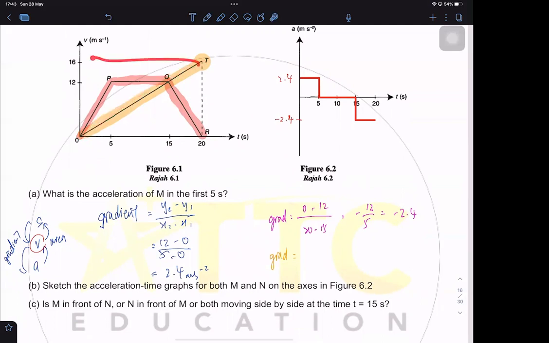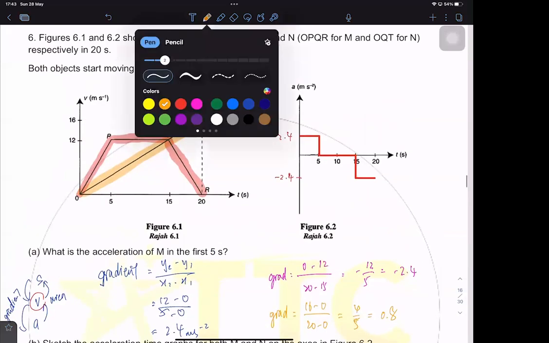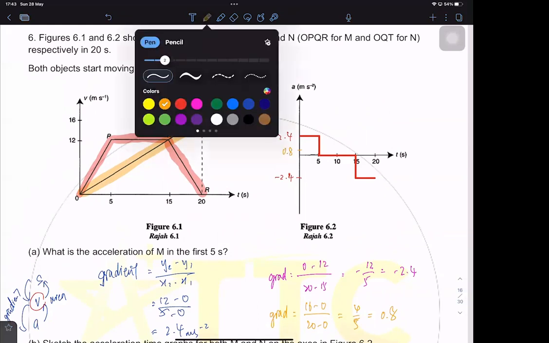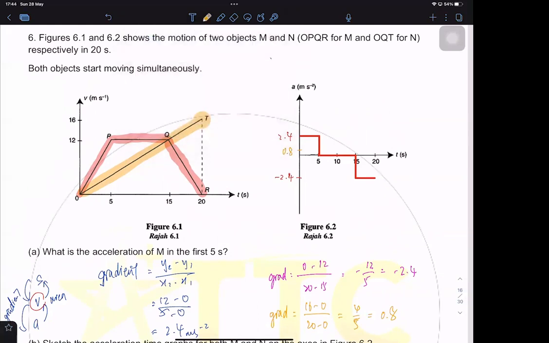This will be 16 minus 0 over 20 minus 0, so 16 over 20, 4 over 5. 4 over 5 is 0.8. So for the Norway car, it is 0.8 all the way to 20.